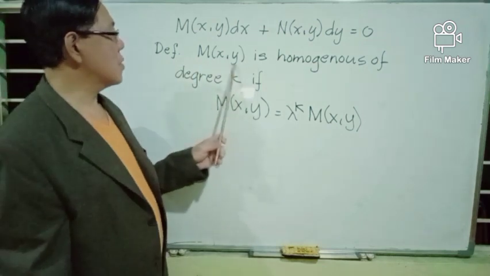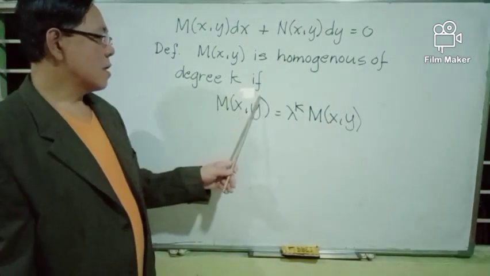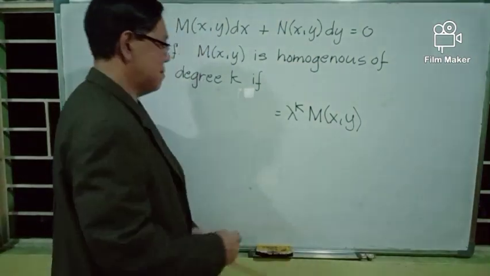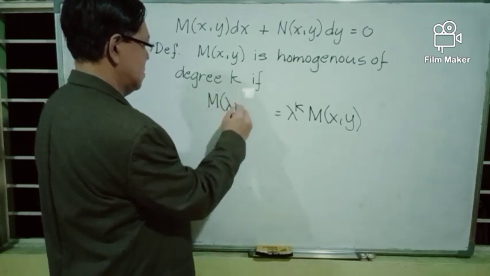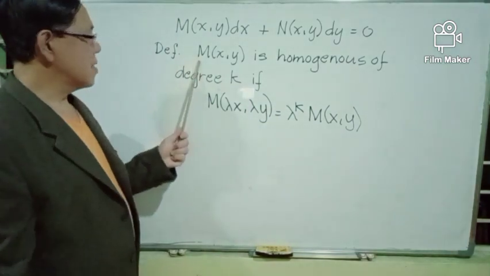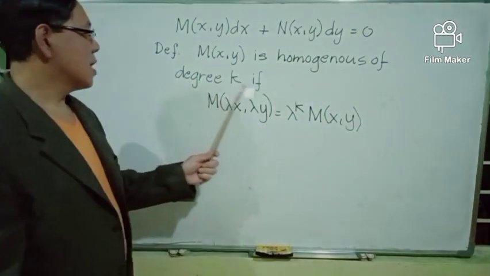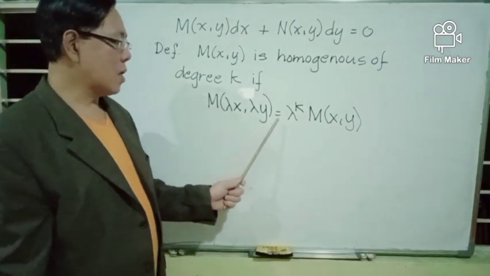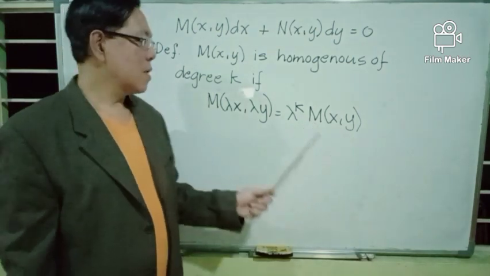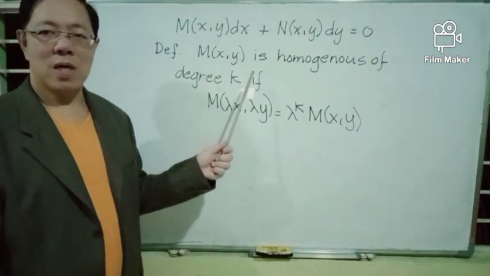M of xy, this is the coefficient of dx, again a function of x and y, is homogeneous or homogeneous of degree k if M of lambda x, lambda y can be written as lambda to the power k times the function M of xy, where the exponent k of lambda is the degree of homogeneity of the function M of xy.